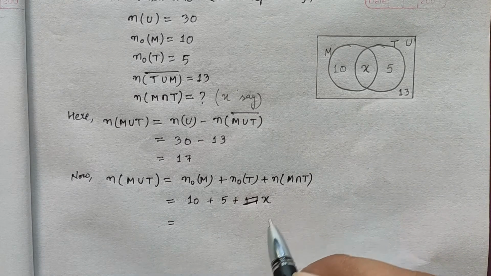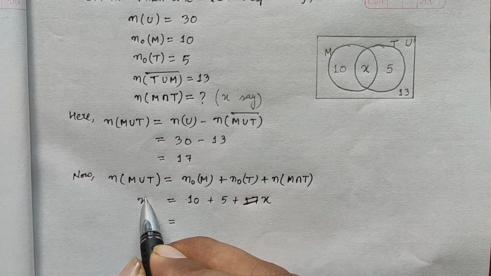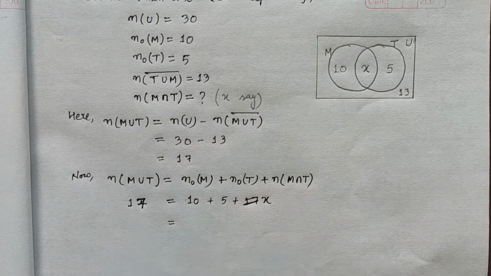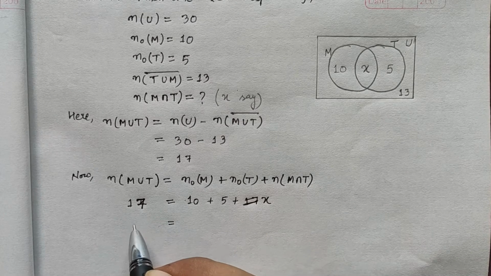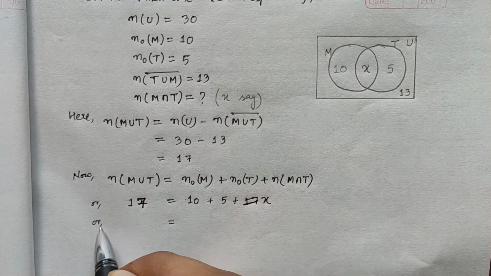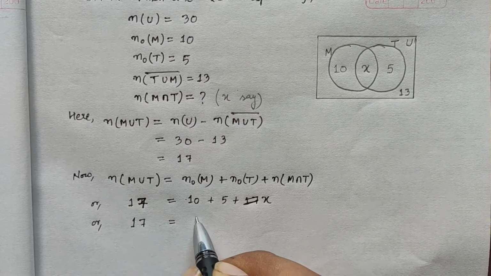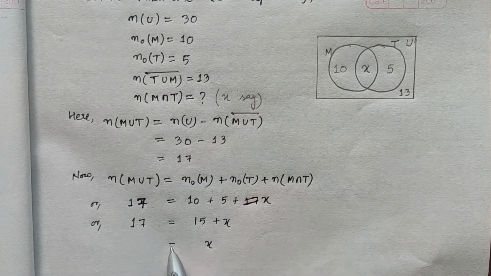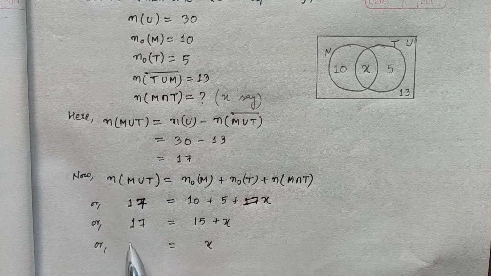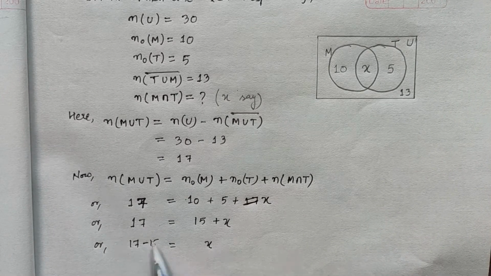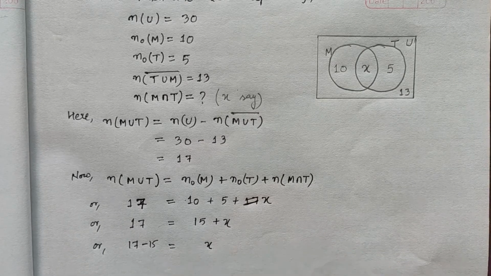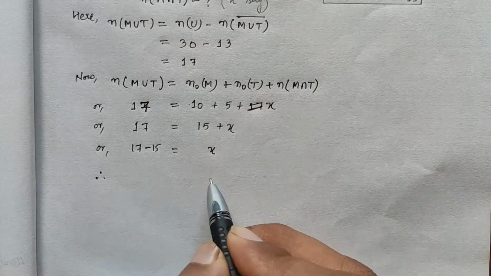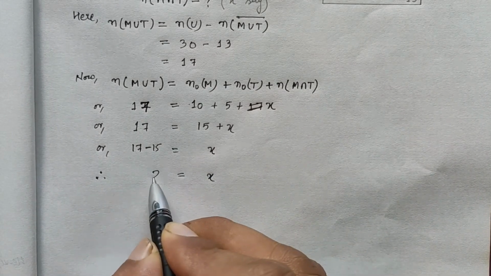We have to find the value of the intersection. So 17 equals 10 plus 5, which is 15, plus X. Then X equals 17 minus 15, because when 15 goes to the left side its sign is changed. Therefore X equals 2.